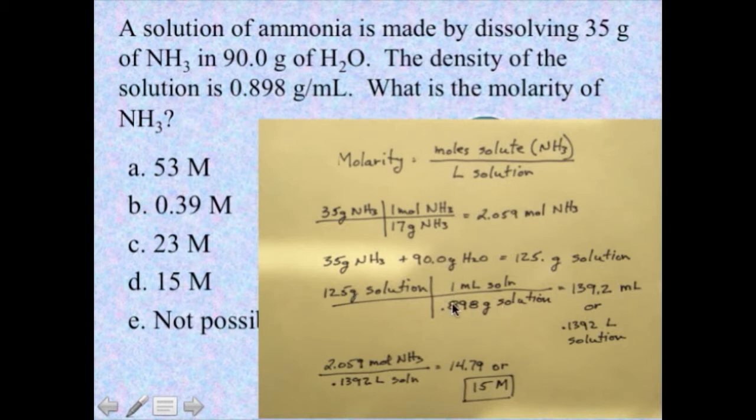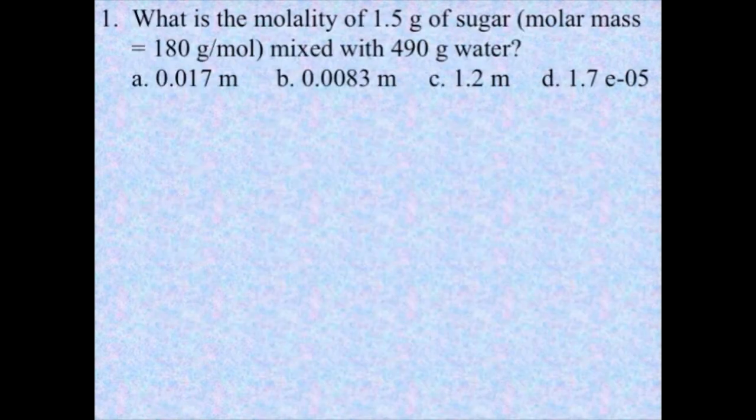We use density to convert from grams of solution to milliliters of solution by dividing by the density, 139.2 milliliters of solution. So now we divide our moles of NH3 by the liters of solution that we've just calculated to get a 15 molar solution of ammonia. Okay, let's try this one.